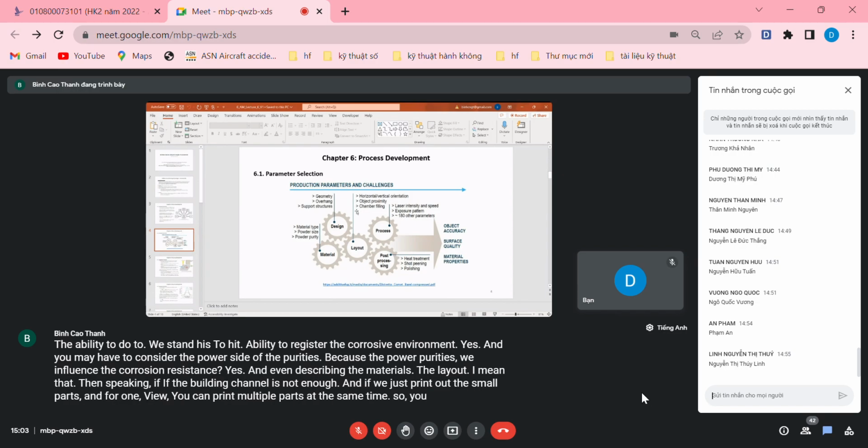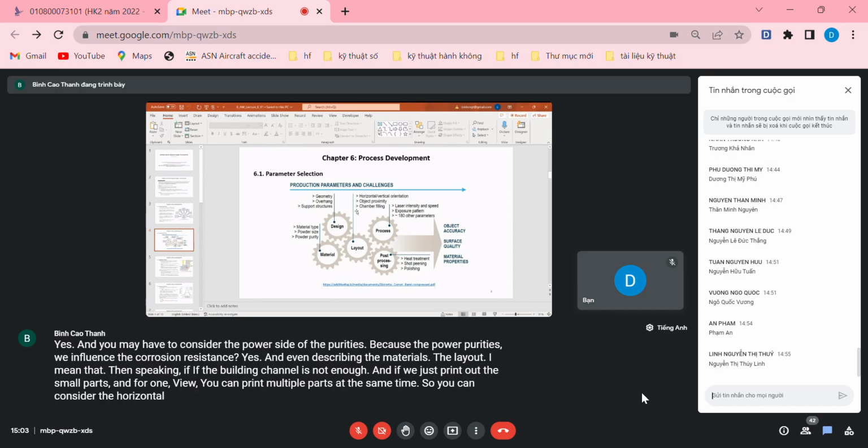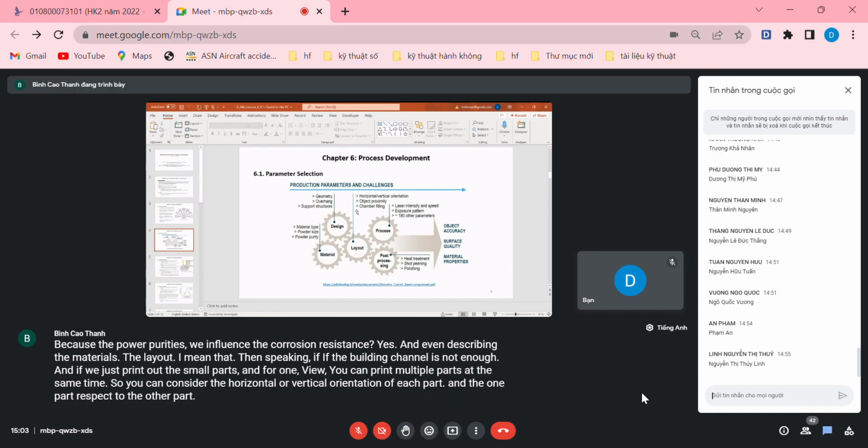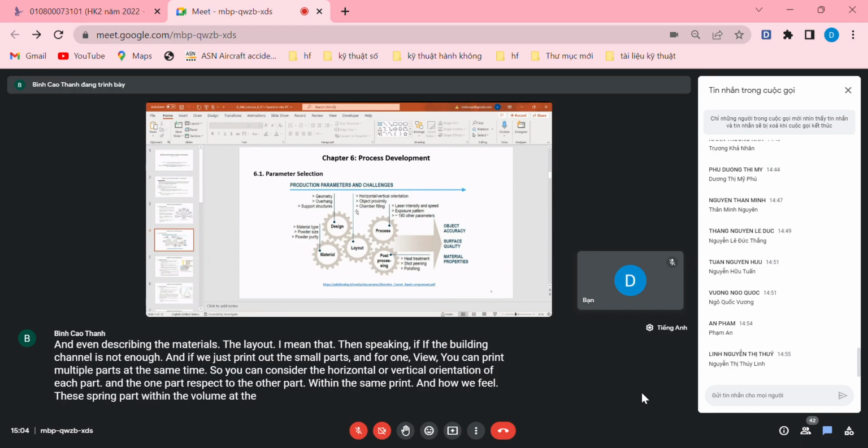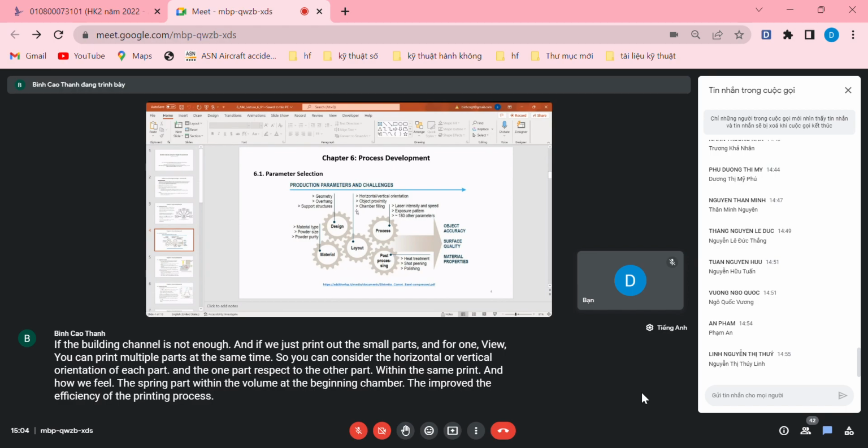So you can consider the horizontal or vertical orientation of each part, and one part with respect to the other part within the same print, and how we fill the printed parts within the volume of the building chamber to improve the efficiency of the printing process. And the process itself.